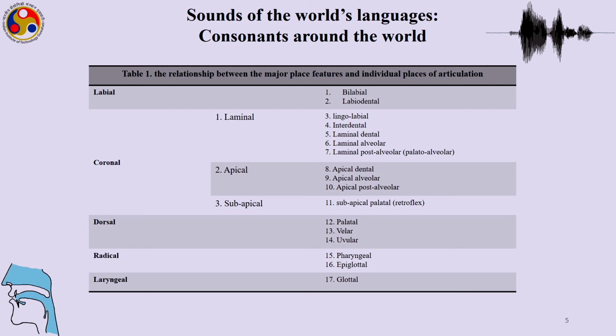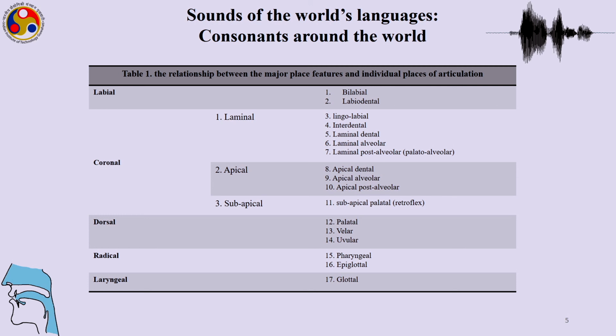Among the laminal sounds, we can have linguolabial, interdental, laminal dental, laminal alveolar, laminal postalveolar. Among apical sounds, we have apical dental, apical alveolar, apical postalveolar, subapical retroflex sounds, and also dorsal sounds. Among the dorsal sounds, we have palatal, velar, uvular. In radical, we have pharyngeal and epiglottal, and also in the laryngeal sounds, we have glottal stops.